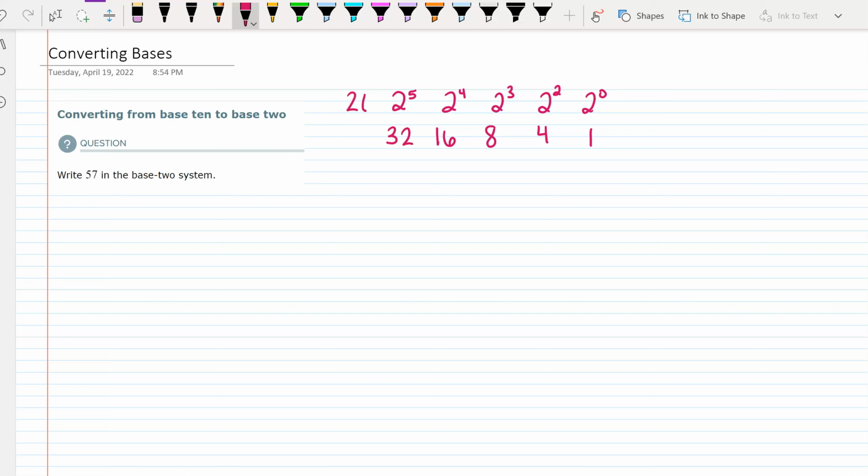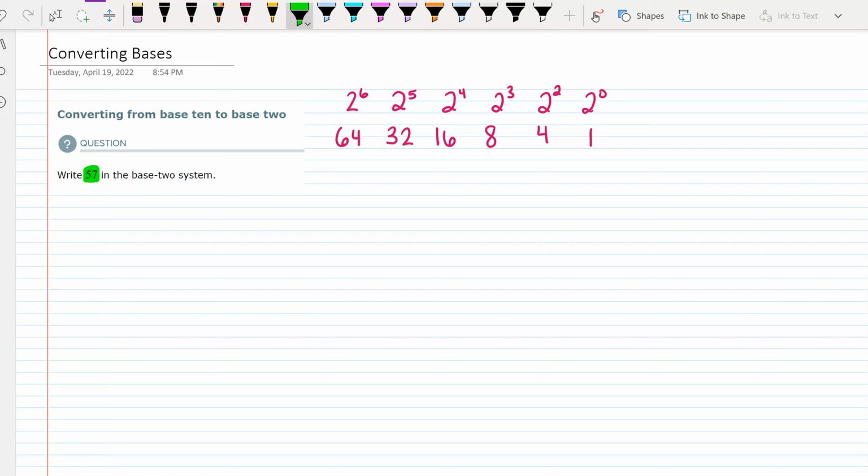And 2 to the 6th is 64. And I'm going to stop there because the number that we're trying to convert is 57 and 64 is too big, right? So we write out the powers until we've gotten to something too big.